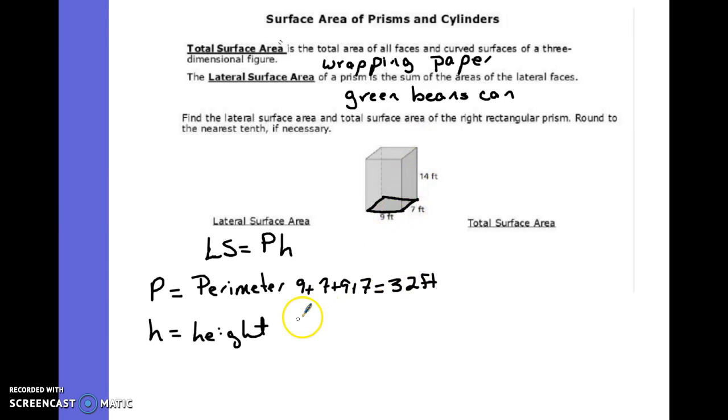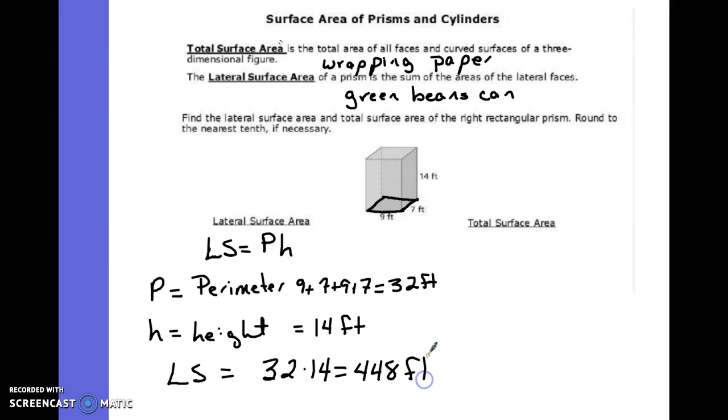The height of my figure is 14 feet. So my lateral surface area is equal to 32 times 14, which is 448. And since it is area, that's going to be feet squared.